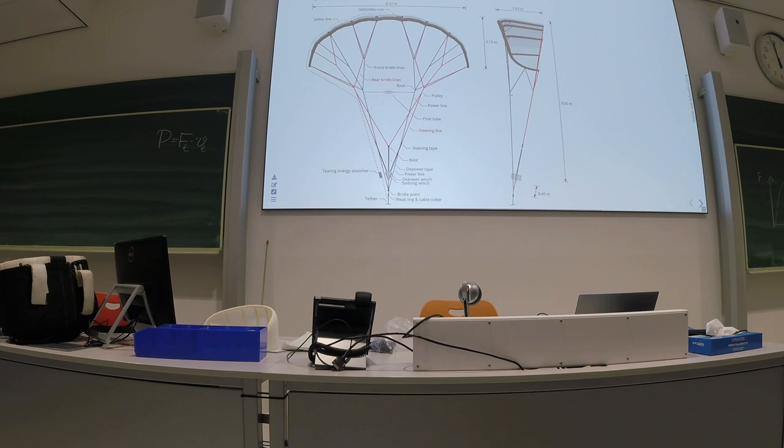We have here the power tape, so the central tape here with the knot where the steering line runs through. Here you have the drums. We chose these tapes so we have a very orderly and nice roll-up on the drums.